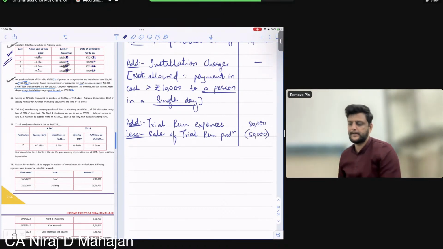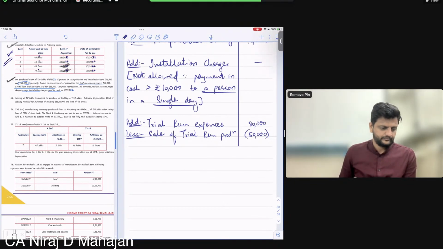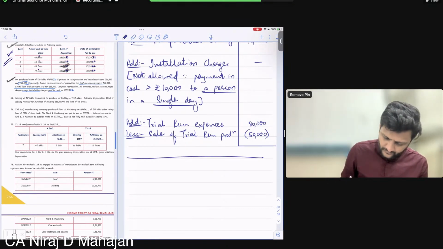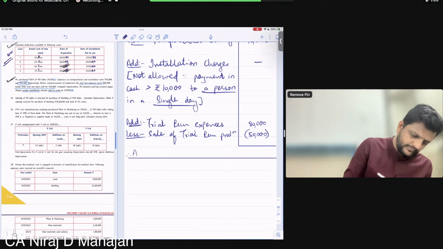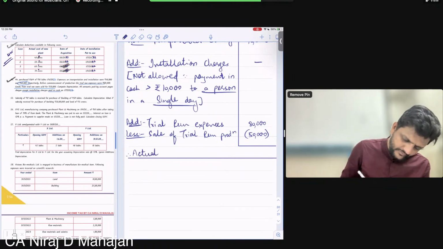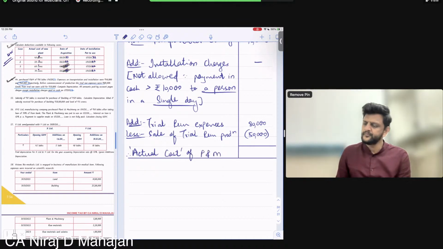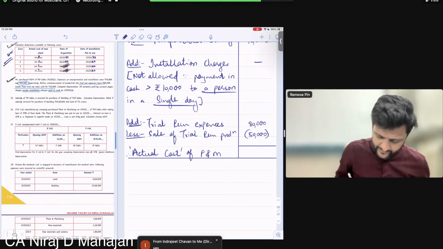Okay, everybody. So, therefore, actual cost of the asset, actual cost of plant and machinery. How much? Is it 10 lakh 70? 10 lakh 70.